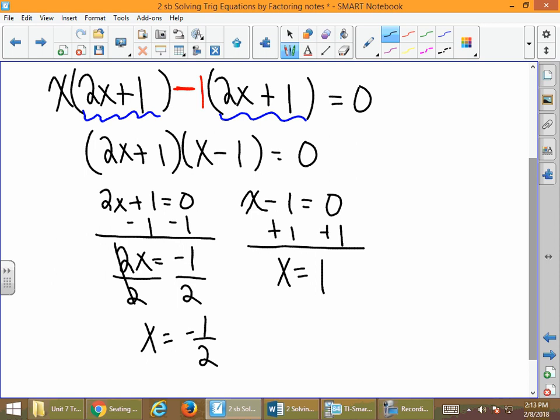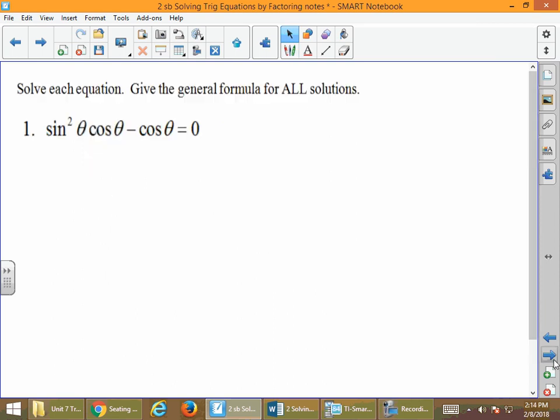Now let's take the factoring and apply it yet again to our trigonometry. If you notice the title of the notes, it says Solving Trigonometric Equations by Factoring. When we solve a trigonometric equation by factoring, we still have our 3 basic values.